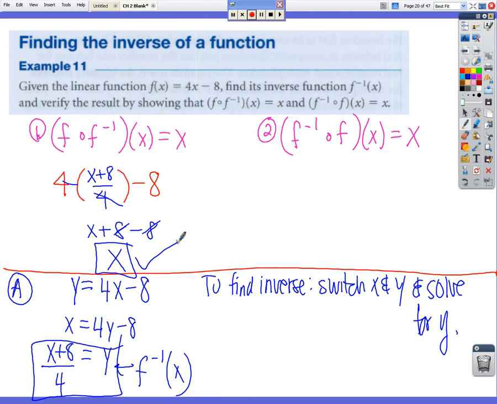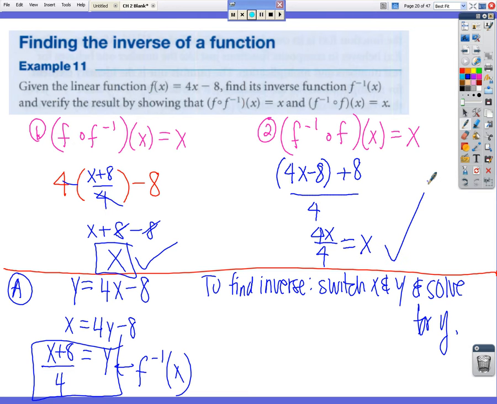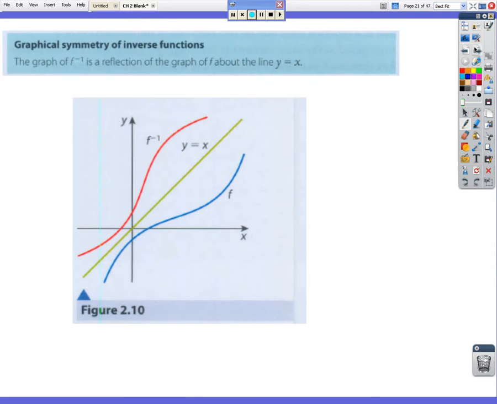We're going to come over here and use the inverse function, which is x plus 8 divided by 4. The function that you're inputting is f of x. There it is. And we get 4x over 4, which equals x again. So because both of them work, they are inverses of each other.